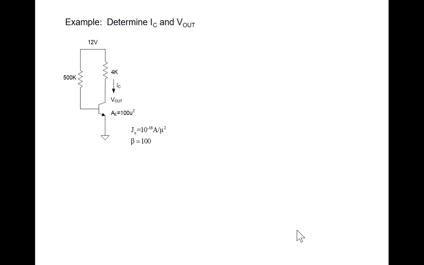We might want to check that we can get by with a simplified model. How can we verify that the simplified model was adequate? We said put 0.7 volts in, solve it again, and if there's not much difference, then this is pretty justifiable. So if I put 0.7 volts here, this becomes 11.3 over 500K.